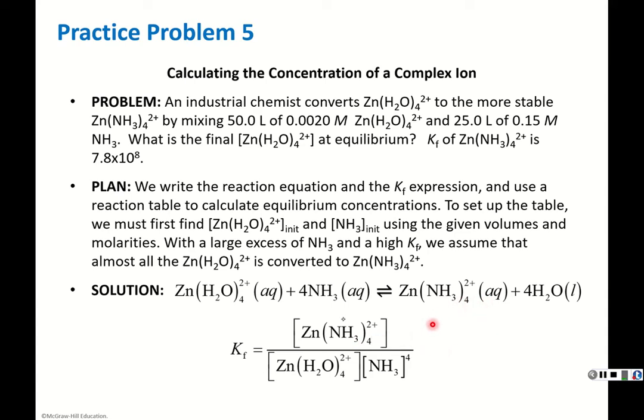Usually you would do products over reactants, and it's the same way for Kf. Your product is that complex ion, and your reactants are what you started with. Okay, so we write that the same way, but now this is an equilibrium of how much of this complex ion we are forming.